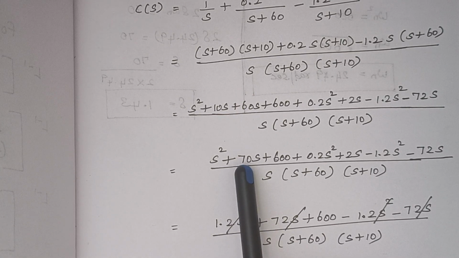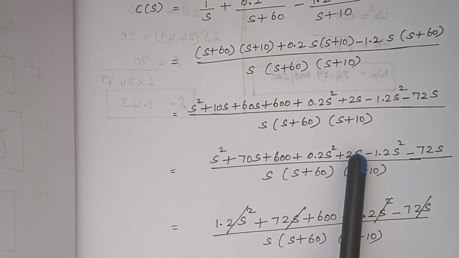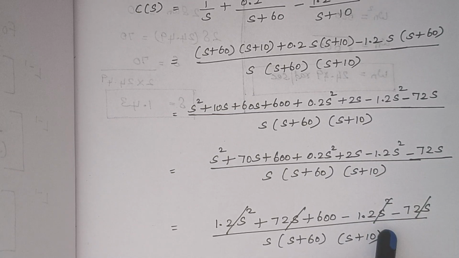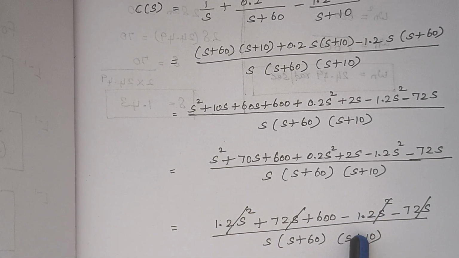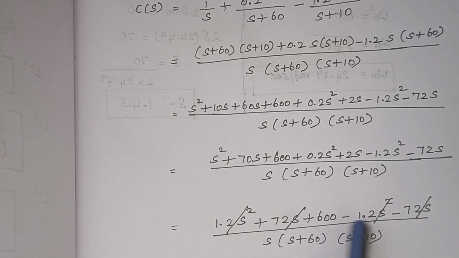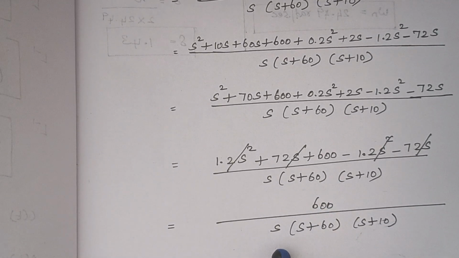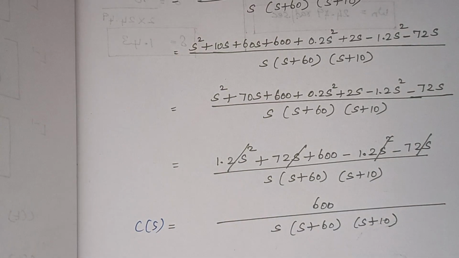And here 70s and here 2s, so plus 72s plus 600. The remaining terms are minus 1.2 s square minus 72s. Here 1.2 s square and minus 1.2 s square cancel, and similarly 72s and minus 72s cancel each other. And finally the expression will be having 600 divided by s into s plus 60 into s plus 10, and this is nothing but our C of s, right?